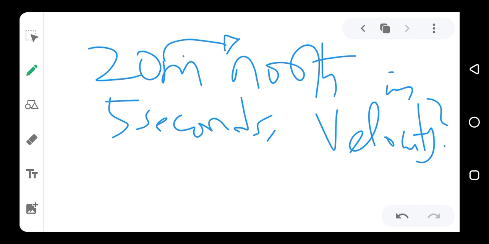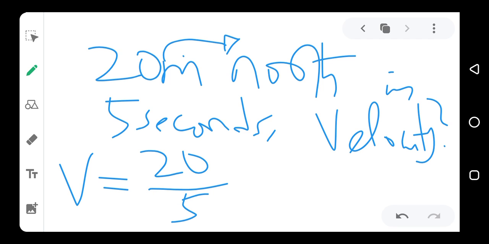So v, which represents our velocity, is equal to 20, which is the displacement, over time, 5, which is now 4 meter per second.